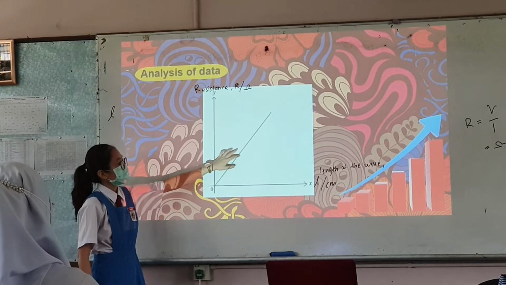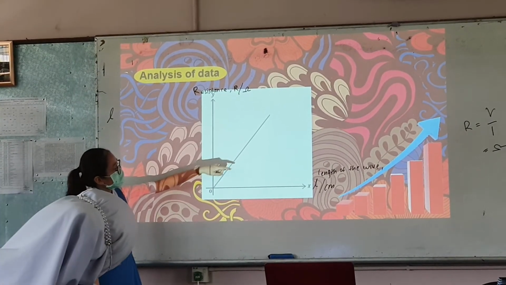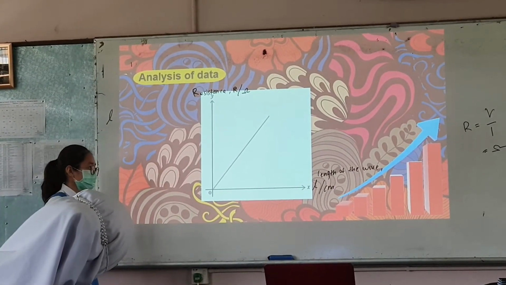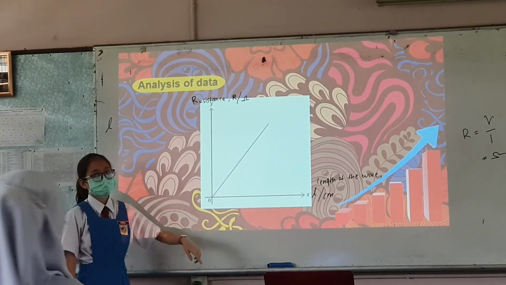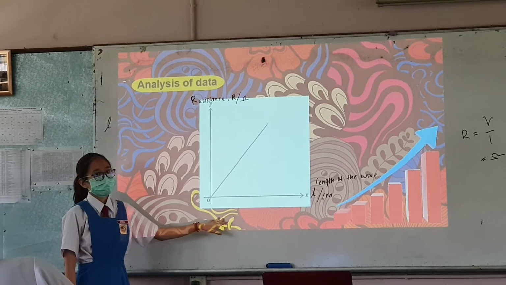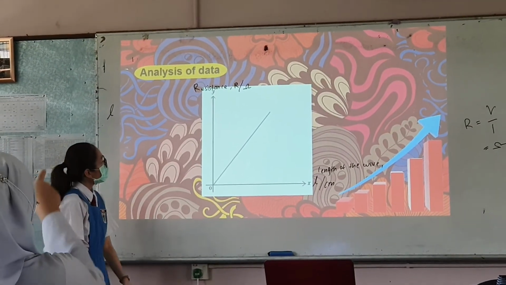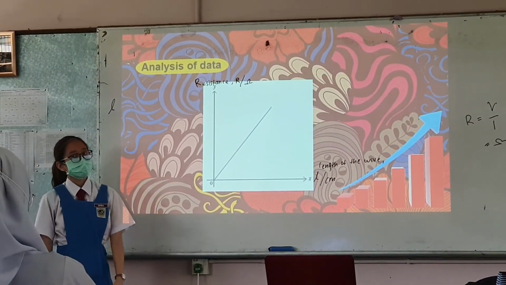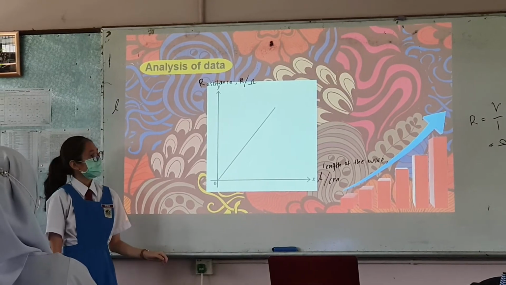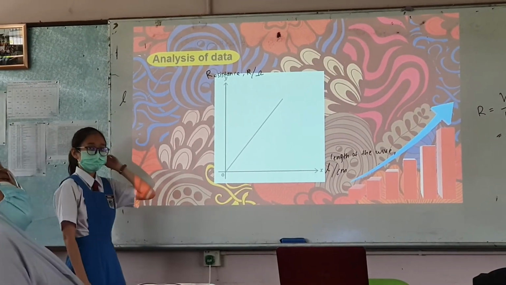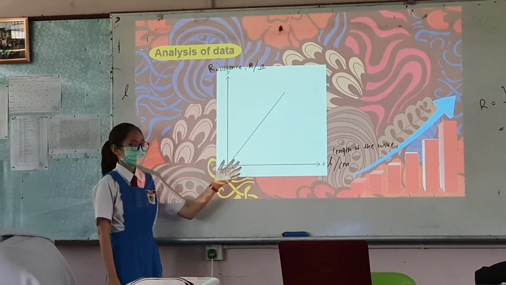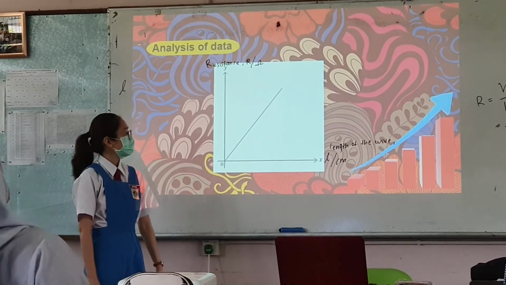The longer the length, the bigger the resistance, or the longer the length, the smaller the resistance? Think first. The longer the length, the bigger the resistance. So it is like this. Okay? Understand? Alright. Okay, do you have a similar question to this?